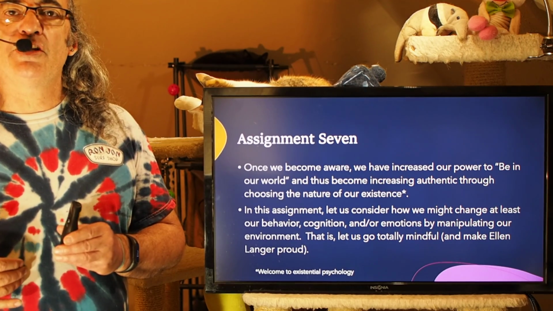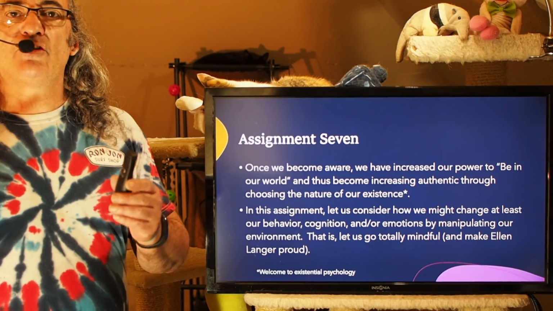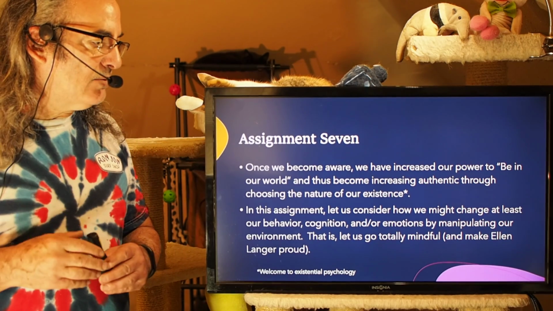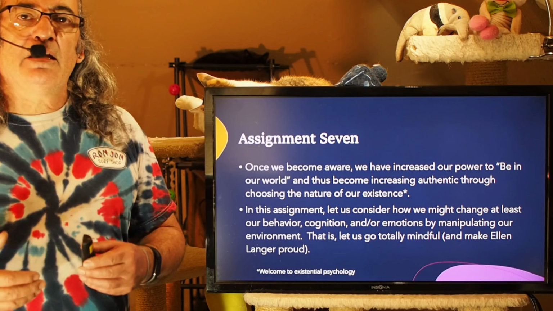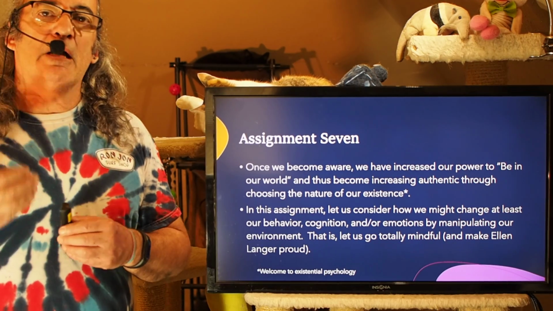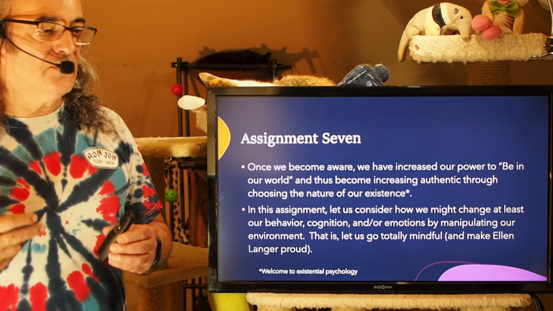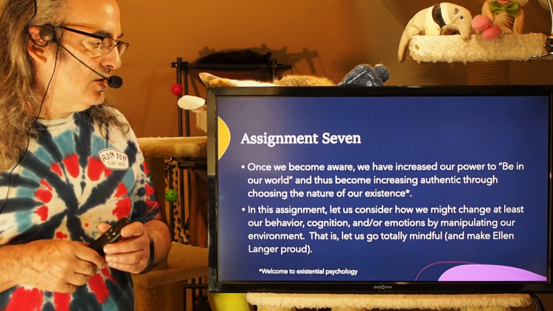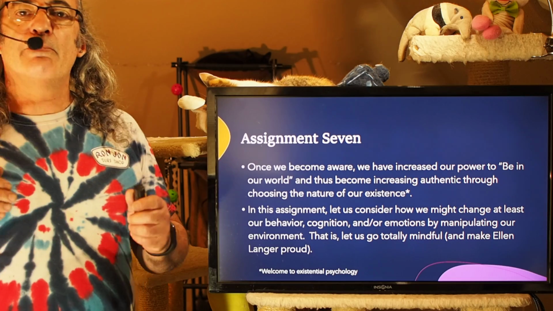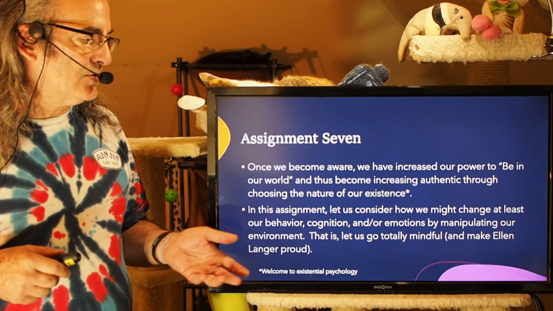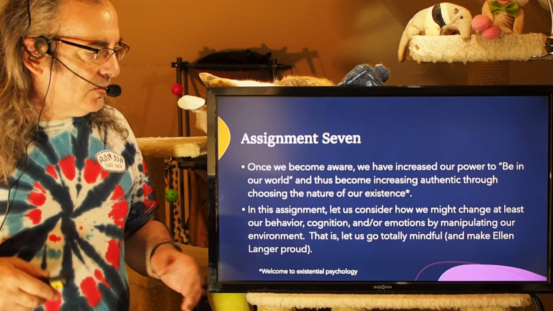Right? So I change the environment within my house. I change the way I do business in that regard. So that is beginning to take control over my associations, my behavior, my attitudes, and my emotional states. So manipulating the environment because we become aware of how the environment affects us. And that's it. Let's go totally mindful on this.